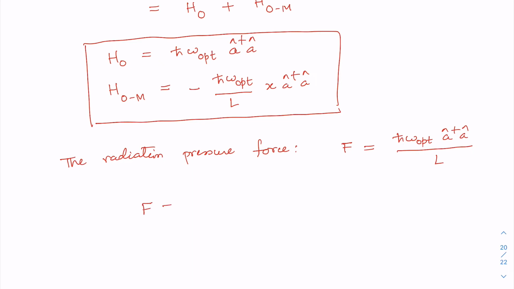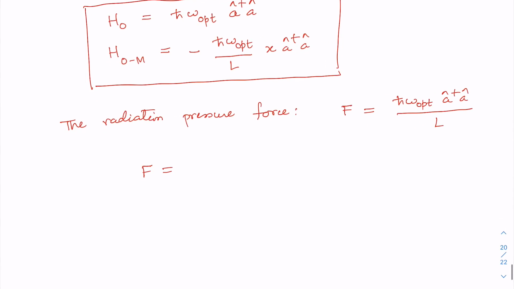Earlier we got this expression that the force is basically the rate of change of momentum, and if n number of photons are getting incident, and for each photon the change in momentum after it is reflected from the mirror is delta p, and this is the time.